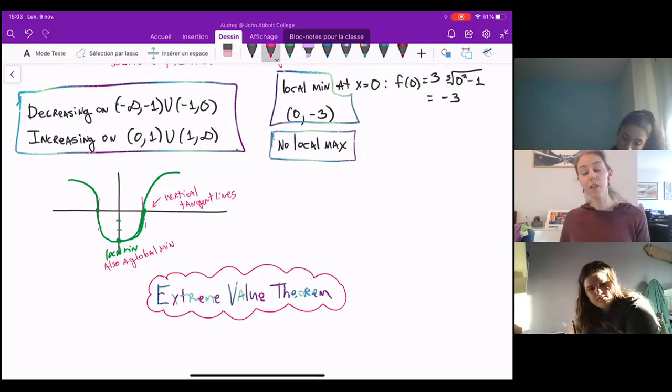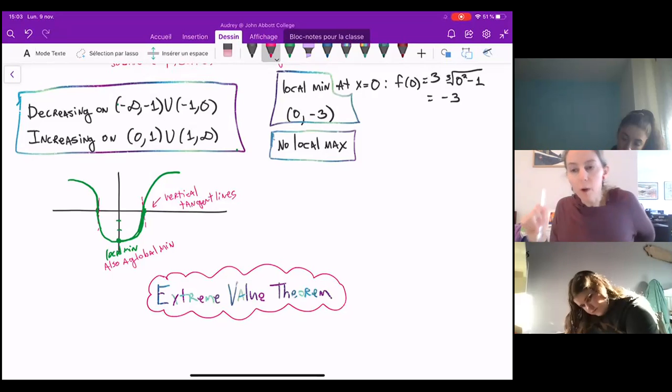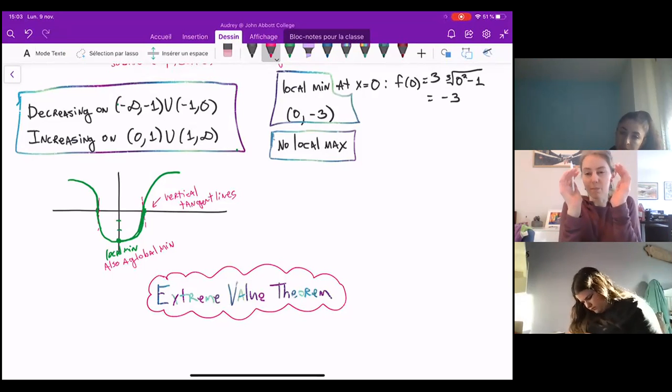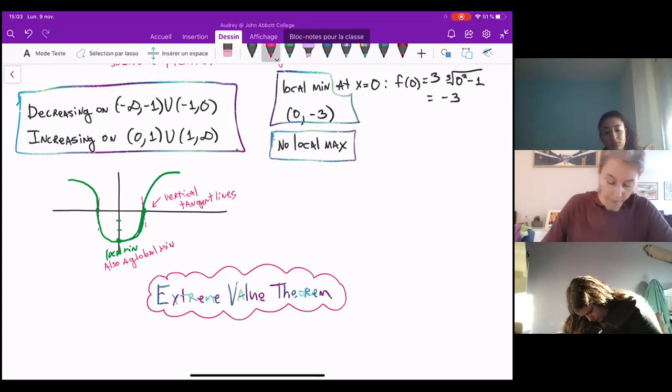The information that I had in this problem from the graphing was enough to see that it was a global min. So what the extreme value theorem does is it gives us a different way of finding global max and min when we're only looking at small chunks of the graph, so on a closed interval.